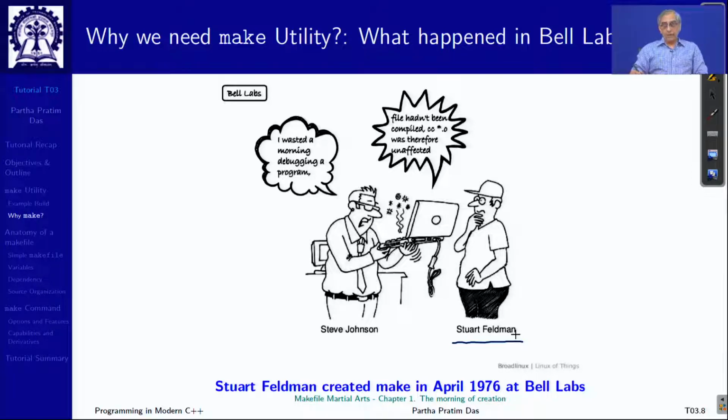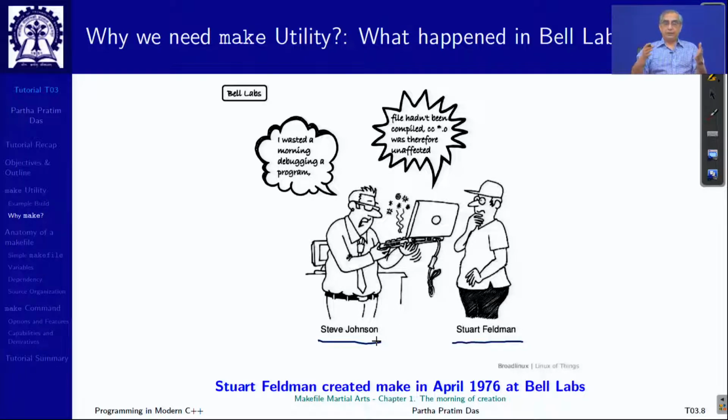So, what motivated Stuart Feldman to go for such a utility was his friend Steve Johnson. Steve Johnson was a very gifted programmer, and he was working on some complex project, and he was exasperated and came to Stuart and said, Stuart, I have been working since morning trying to debug a program, and I wasted my whole morning because the file that I compiled is not the correct one.